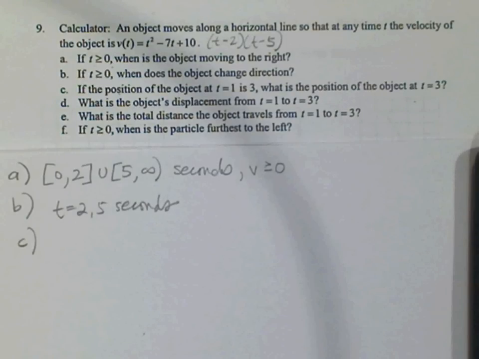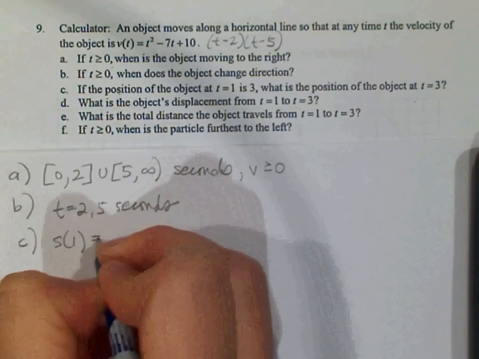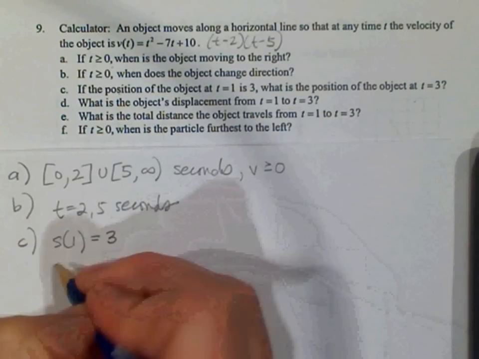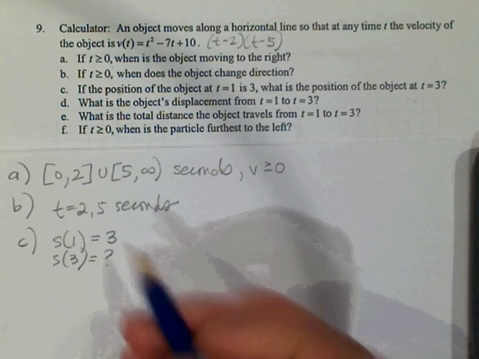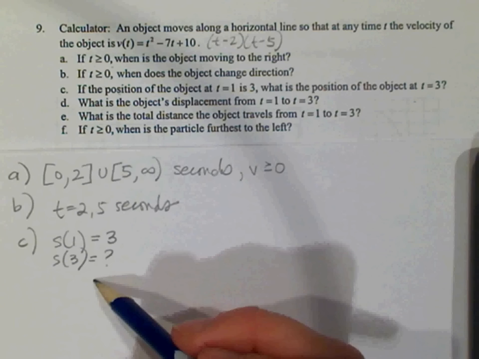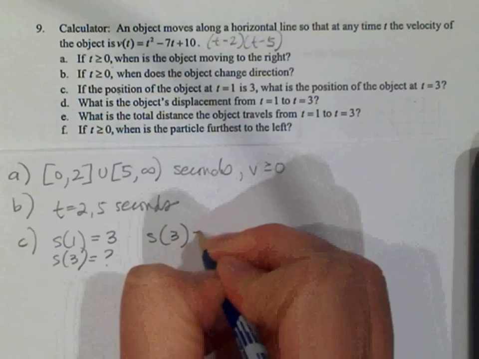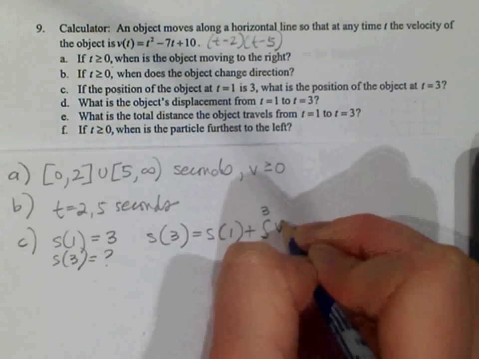C, if the position of the object at t equals 1 is 3, so they're giving me s at 1 equals 3, what is the position of the object at 3 seconds? Well, here's our initial value, ending value idea. We want s at 3 is equal to s at 1 plus the integral from 1 to 3 of v of t dt.